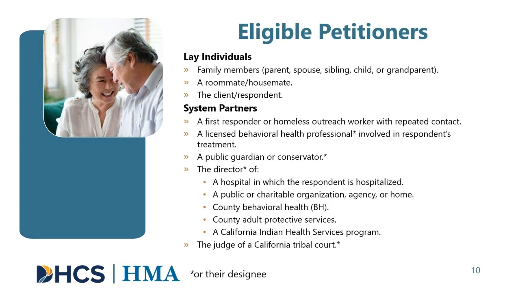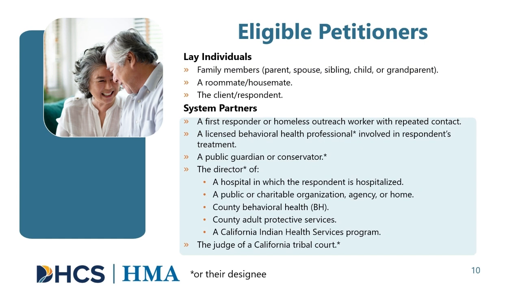Let's talk about who can file a petition, and you may be familiar with this list. Petitioners can include a group of lay individuals, which could be a family member, a roommate or housemate, or the client and respondent themselves.